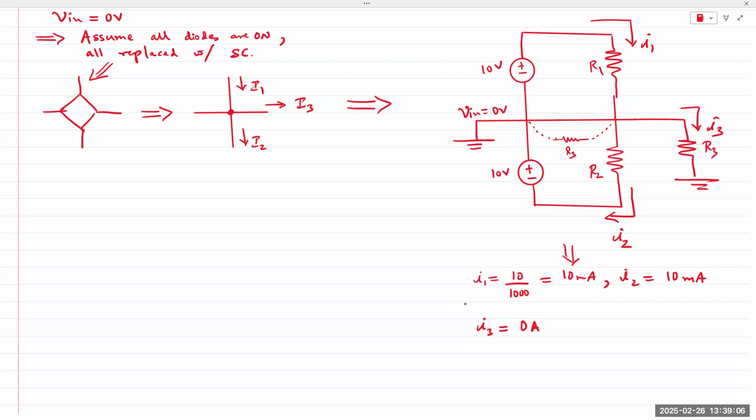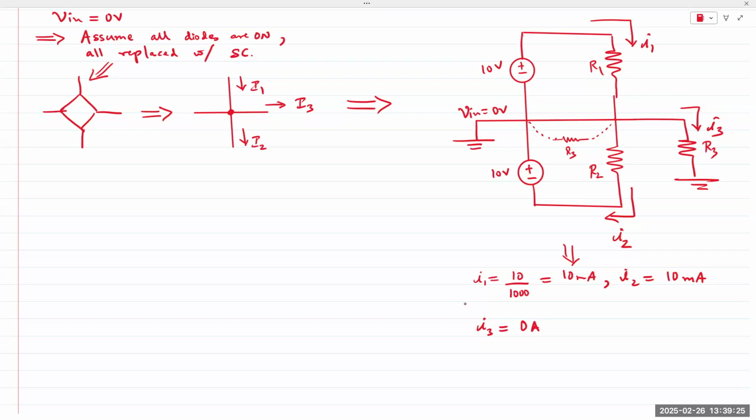Because of my assumption, all diodes are a short circuit. And because Vin is equal to 0, I can say R3 is connected across those two points, meaning across a short circuit. R3 is effectively redundant. No current flows through R3. I3 is equal to 0.